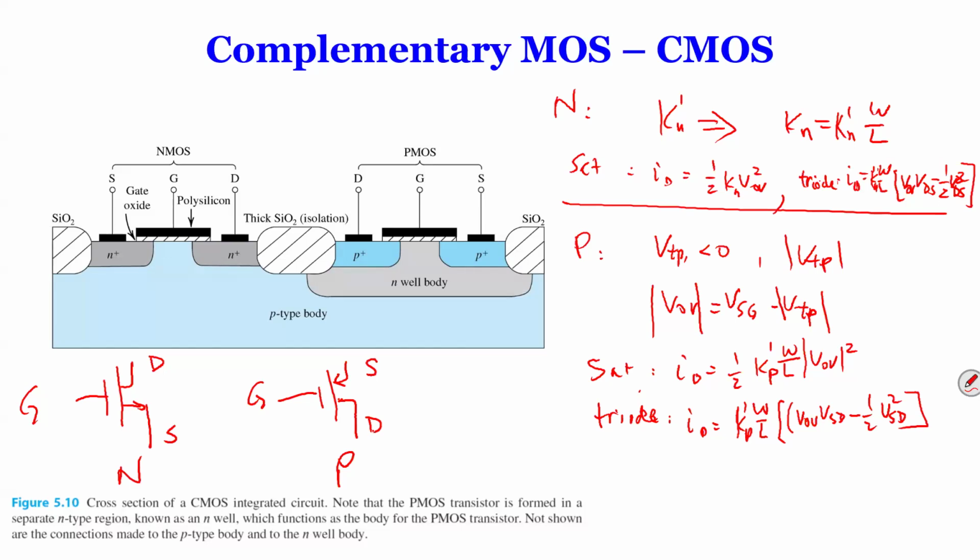So the conclusion is that if there's no current from gate to the body, the drain current and source current are identical. So this current is always identical, and here too. When we say IS, it's always the same as ID.